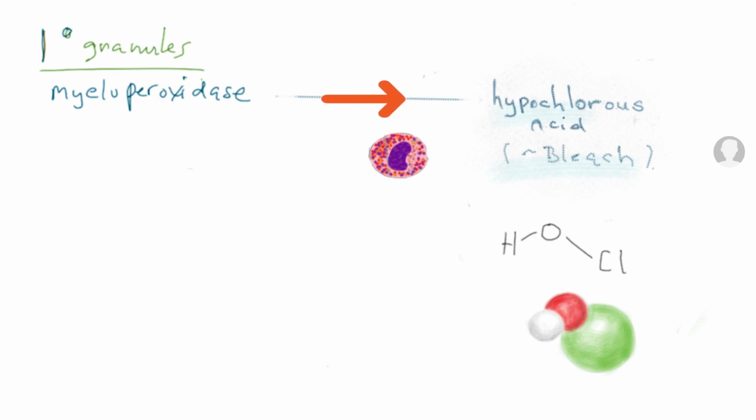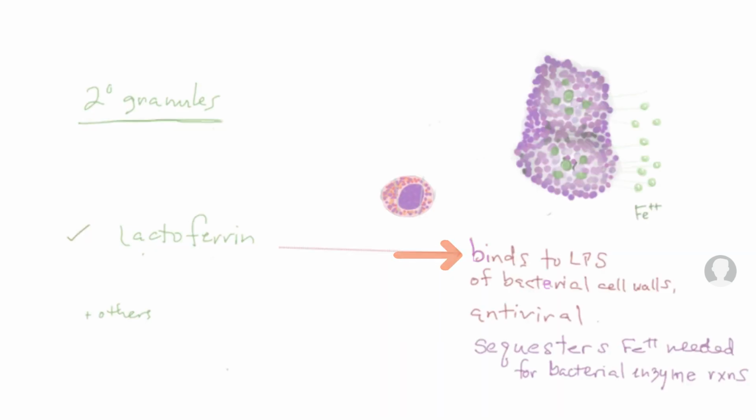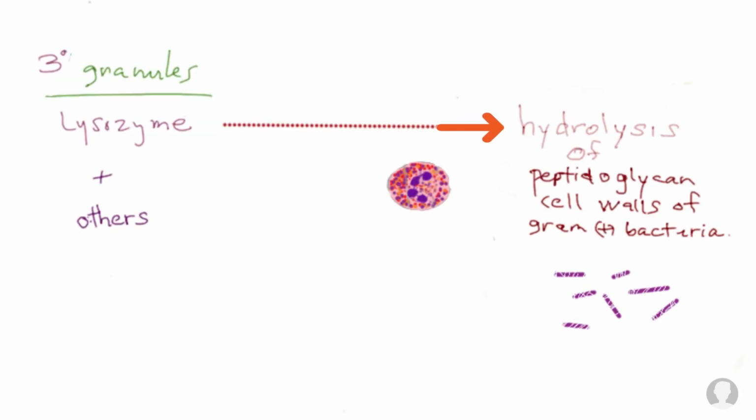Myeloperoxidase is an enzyme that makes hypochlorous acid, otherwise known as bleach, and this will kill bacteria. And lactoferrin binds to the LPS of bacterial cell walls, and it is also antiviral. And it will sequester iron, which is needed for bacterial enzyme reactions, such as the cytochrome reactions. And lysozyme is very effective; it hydrolyzes the peptidoglycan cell walls of gram-positive bacteria.